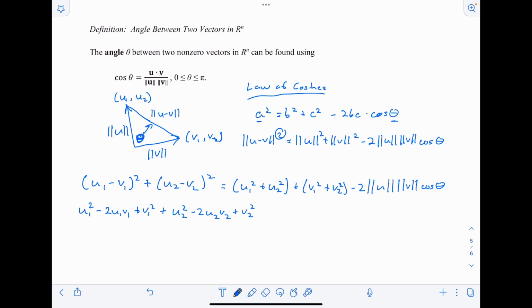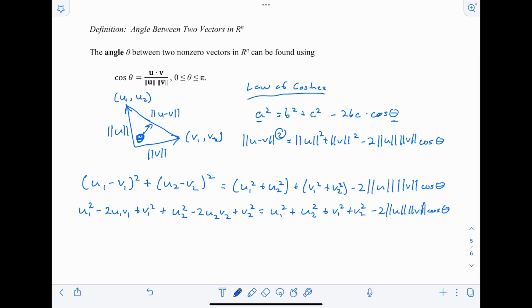That equals U1 squared plus U2 squared plus V1 squared plus V2 squared minus 2 magnitude U magnitude V cosine of theta.